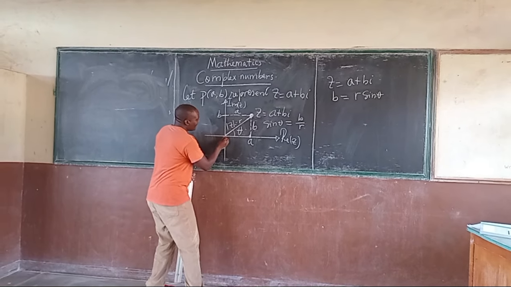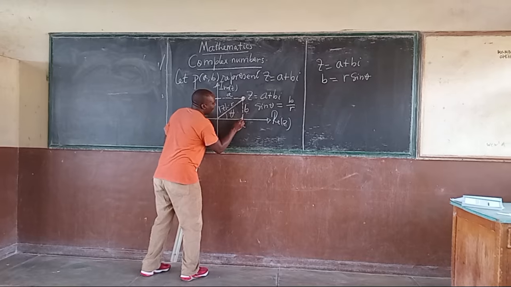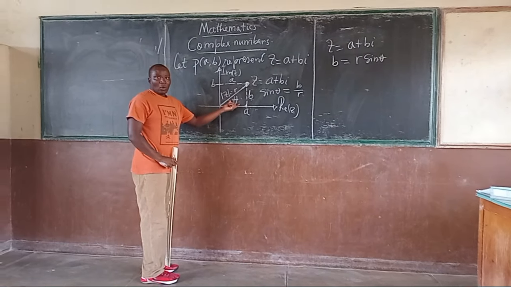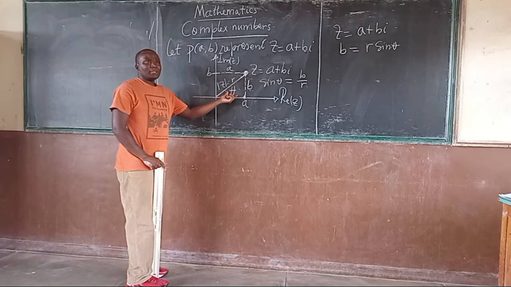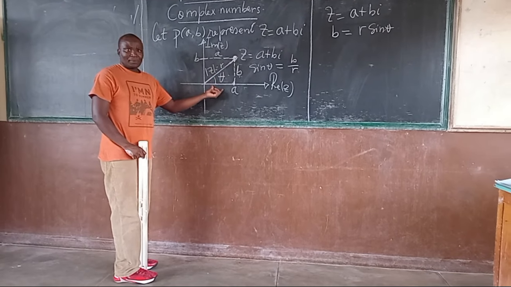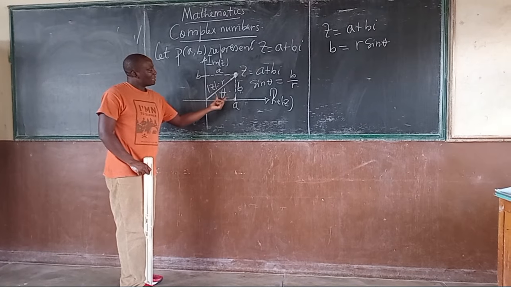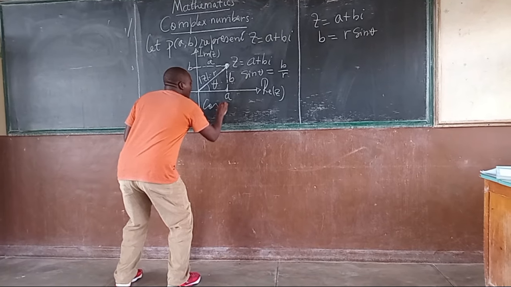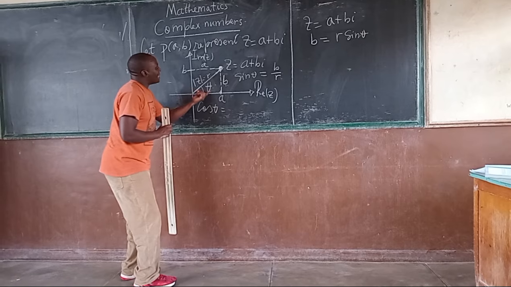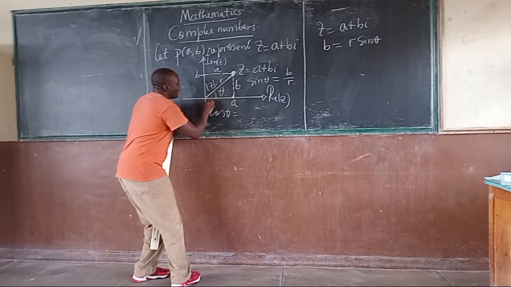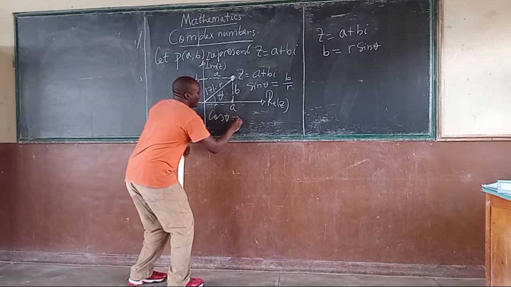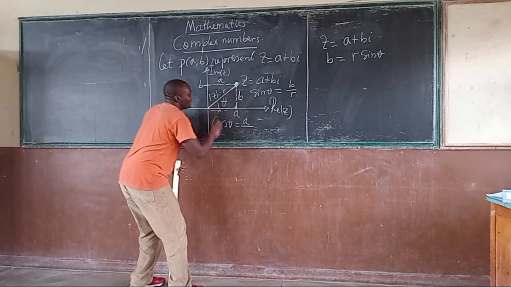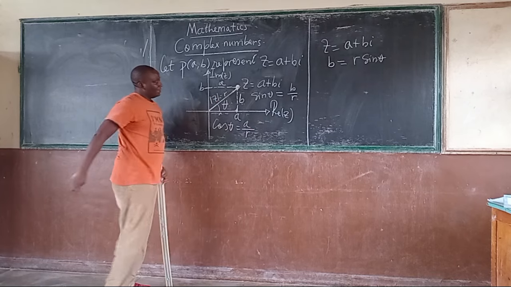As you see, the side A is like the adjacent side of your given angle theta. Then from trigonometric concept, we know that cosine of an angle theta is adjacent side, here it is A, out of hypotenuse. Hypotenuse is like a radius.